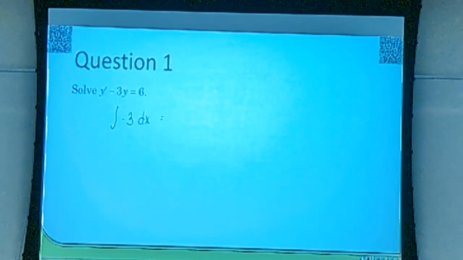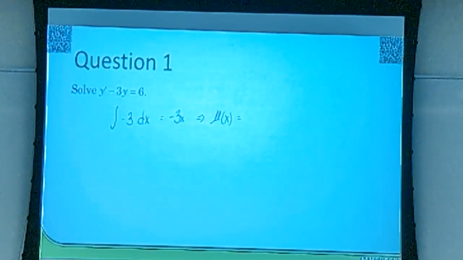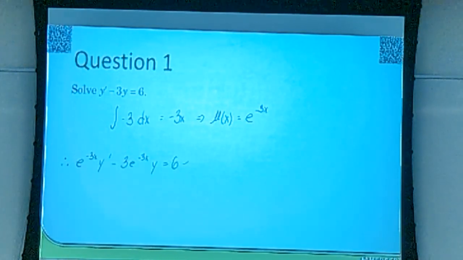Negative 3x, sorry. Your integrating factor is e to the negative 3x. Multiply through by it.